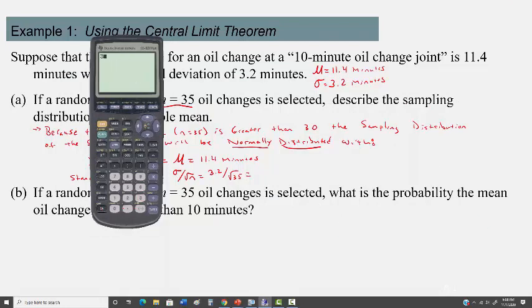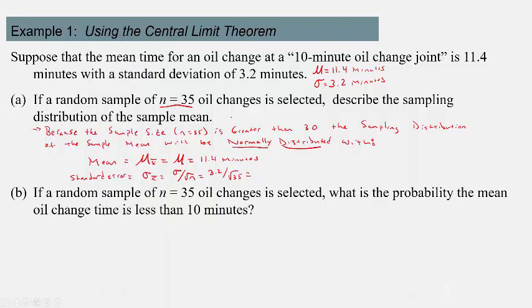You're going to take 3.2 divided by the square root of 35. Taking this out to 4 decimal places, it's 0.5409. So I was able to say because the sample size is greater than 30, it's normally distributed, with a mean and standard deviation. We call it the standard error, though.